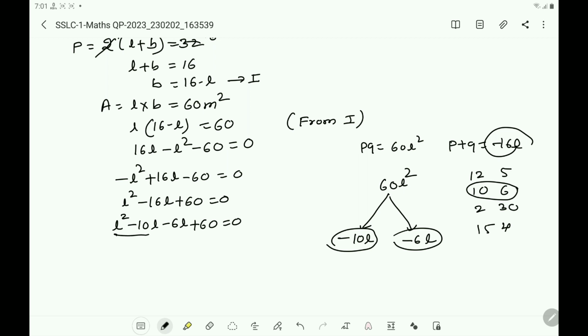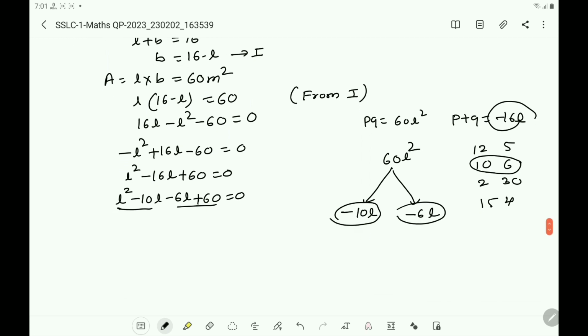Then you make groups of two terms, and here what is common? L is common. Remove that outside, L in the bracket. Here in the first term what is remaining? L only, because L into L is L square. Minus 10 is outside. Again out of these two you remove minus 6 as common because 60 and 6 are in the table of 6 only.